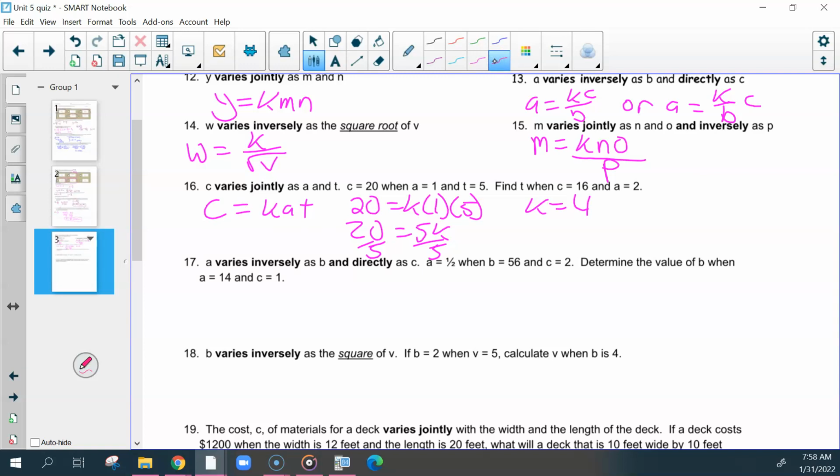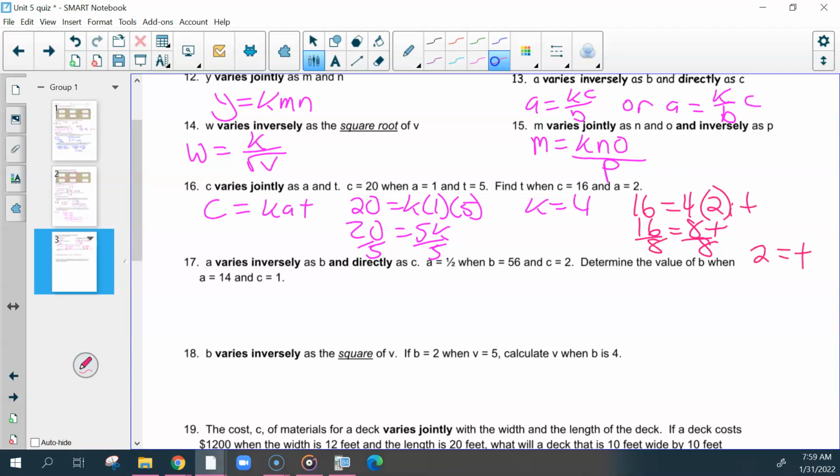Put your K value back in with your other numbers. We're looking for T, so 16 equals 4 times, whatever A is, 2 times T. Or 16 equals 8T, divide both sides by 8.